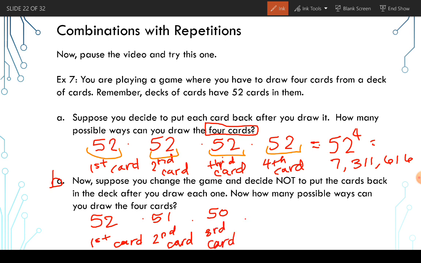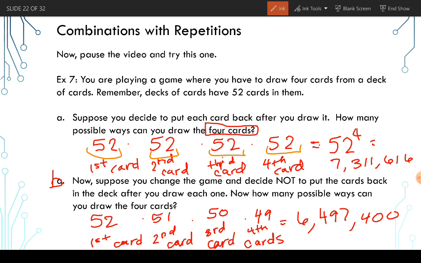And then my fourth card has 49 options because I left the first, second, and third card out on the table with me. So there's only 49 cards to choose from at that point. So when we multiply 52 times 51 times 50 times 49, we have 6,497,400 possible options.